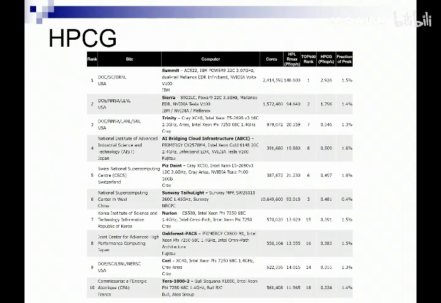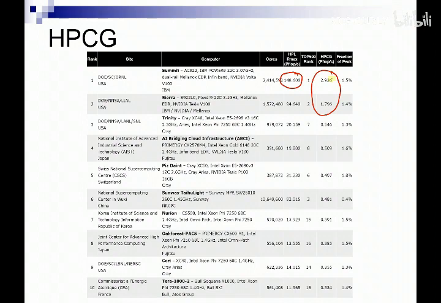These are results from November 2019. Here we see that the Summit and the Sierra computers are still the fastest computers for high performance conjugate gradient. However, what's interesting is that remember the Summit computer got about 150 petaflops of performance on the high performance LINPACK, on the dense matrix operations.